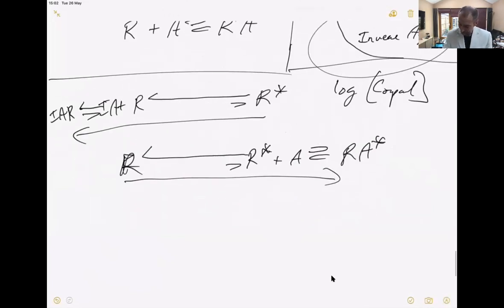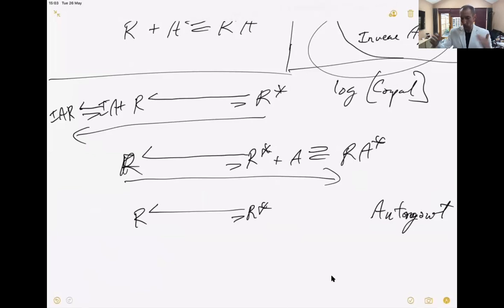What about the complicated one? Well, the one that strains credibility is the pure antagonist. With this one, we don't want to alter the ratio. You can think of this as a ratio, so a response would be how much R star over R. That will give us our response. An antagonist here is neutral.